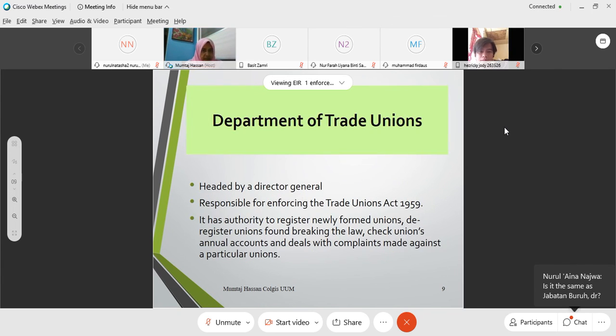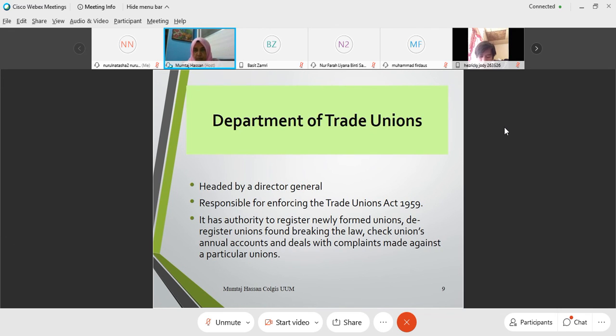Okay, then the trade union department. Somebody asked me a question. What is that? Jabatan Buruh. Is it the same as Jabatan Buruh? No. Jabatan Buruh is the Department of Labour.